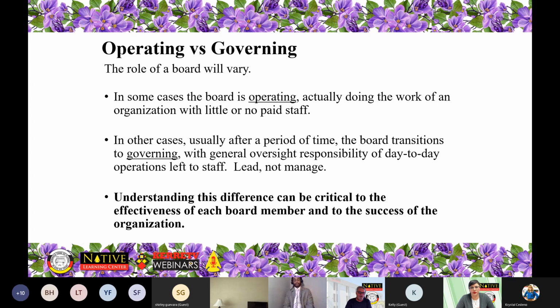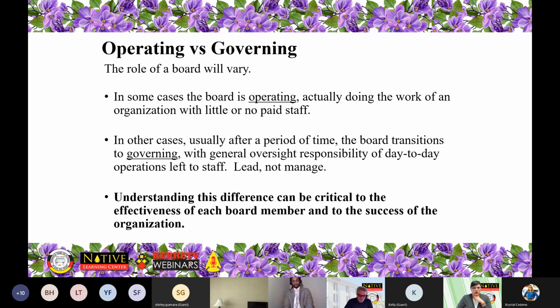I'm pointing this out because when we look at boards, especially established boards that have been doing this for some time, and they're still interfering or getting involved in day-to-day activities when they clearly have staff people involved in it, that's where we get into some dysfunctional activities. That's where we get into what I was calling micromanagement or the potential for micromanagement.